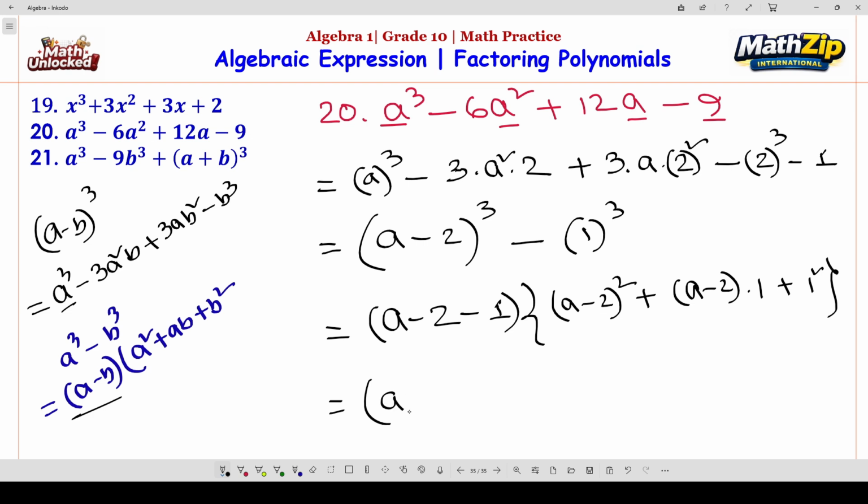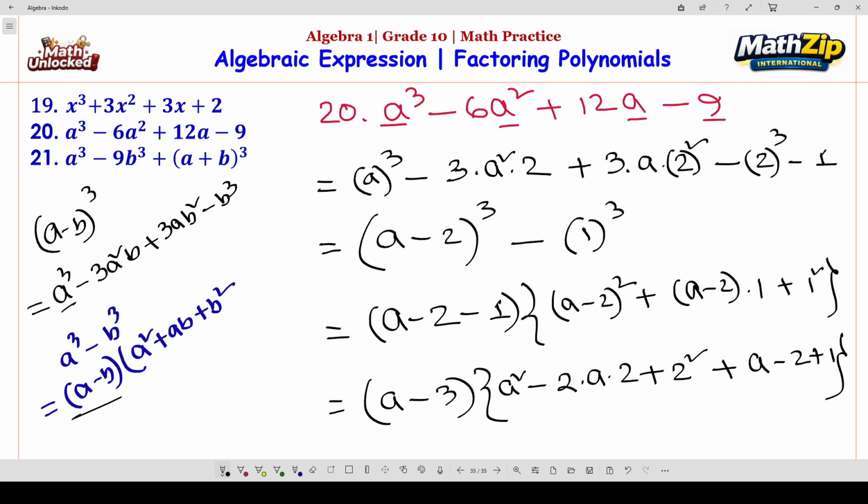Now a minus 2 minus 1 is a minus 3. Now it will be a square minus 2ab, 2 times a times 2, plus b square, which means 2 square, and here is plus a minus 2, and then plus 1, right?